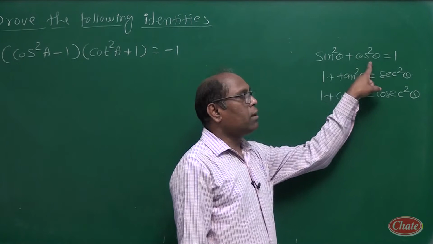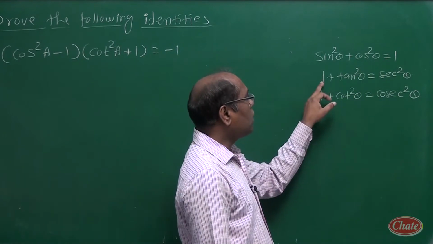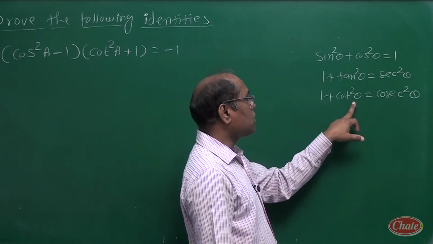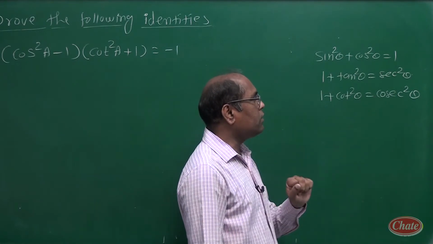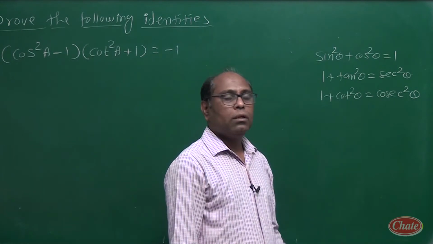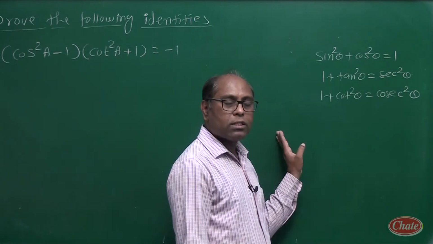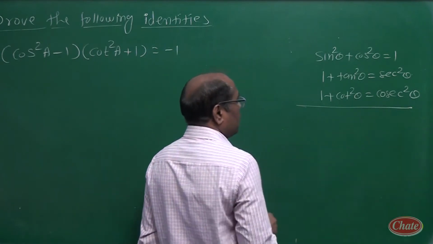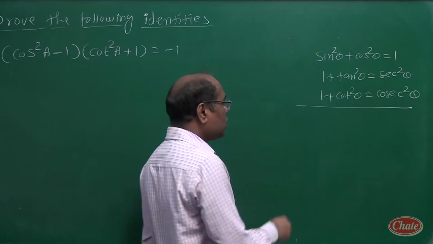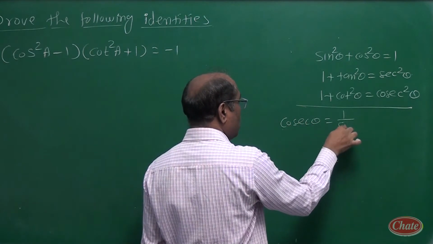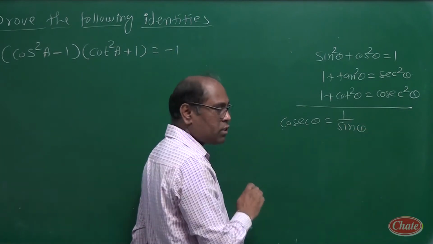Sin² θ + cos² θ = 1. 1 + tan² θ = sec² θ. 1 + cot² θ = cosec² θ. And what is the relation between the trigonometric functions? Cosec θ is equal to 1 upon sin θ and vice versa.